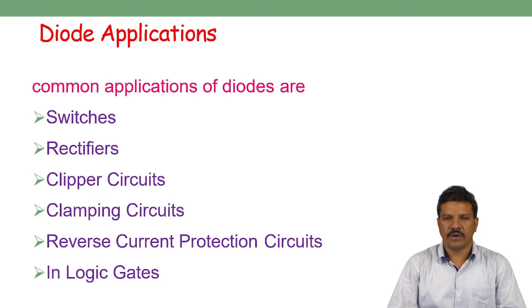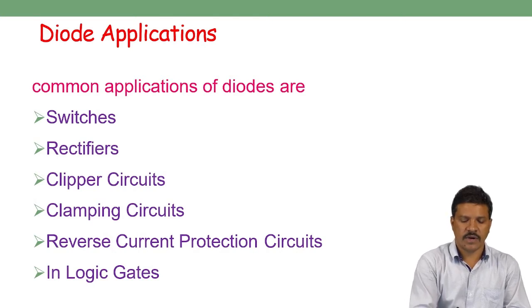When we see all the applications, these are the important applications which are used in electronic circuits. First we will see that the diode is used as a switch.